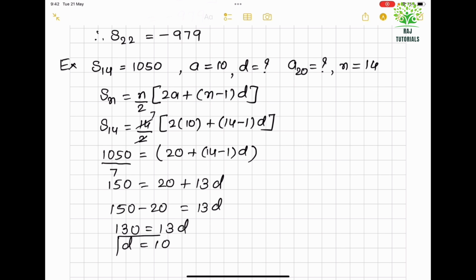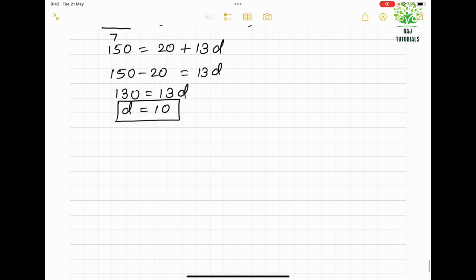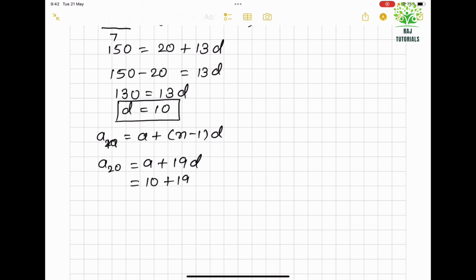So D equal to 10. 130 divided by 13 will be 10. A20 will be A plus 19D. So A was 10, plus 19 into 10. So 10 plus 190, so 200. So therefore A20 is 200.